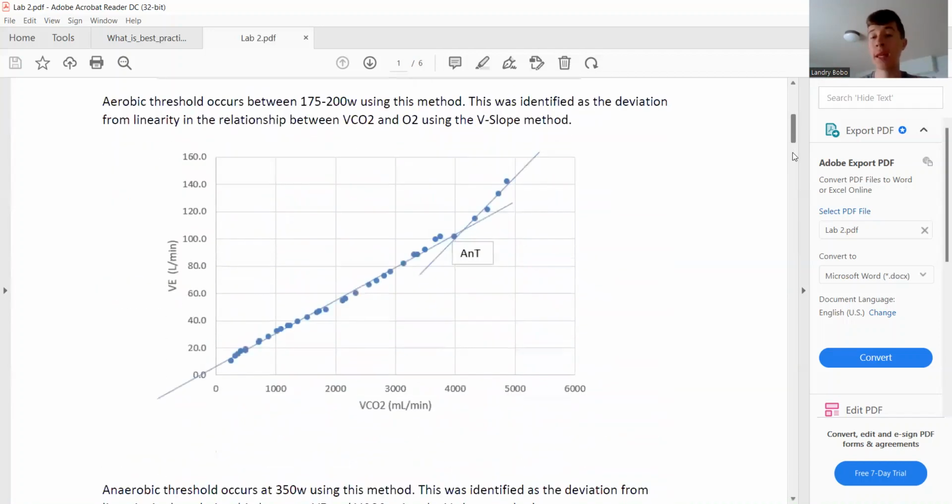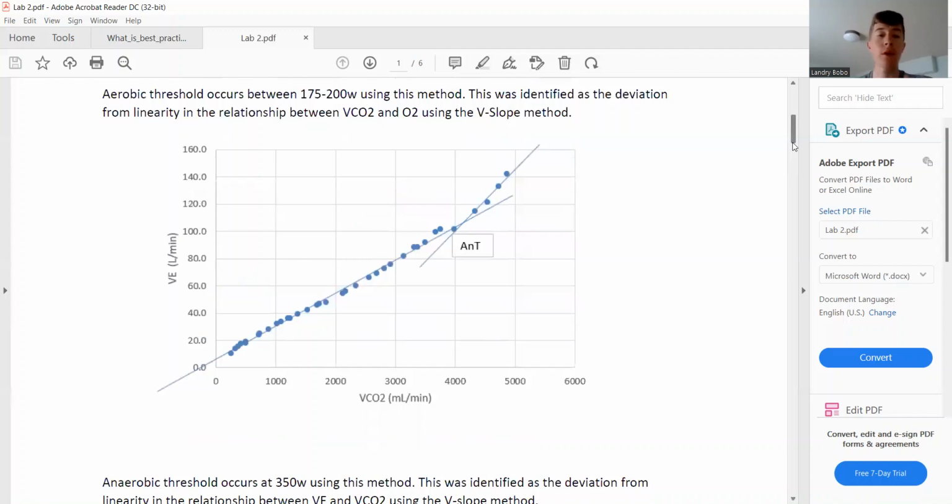How do we find the second threshold? Well, you notice here, this is one method that we can identify the second threshold. Another common way is you'll actually monitor lactate levels within the blood, but we did this by measuring oxygen consumption. So there are multiple different ways that you can find that second threshold.